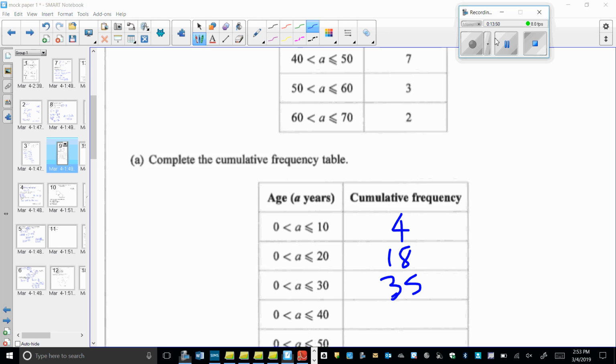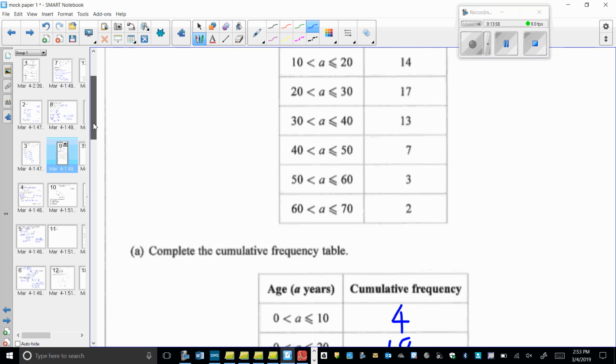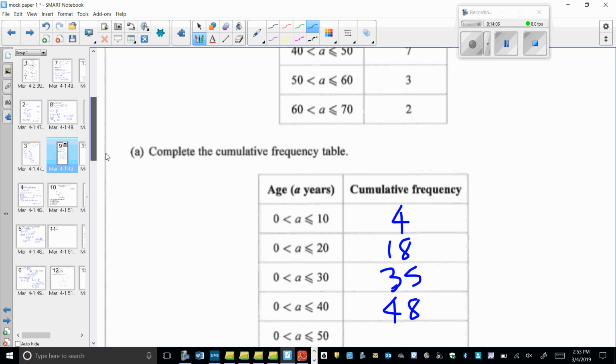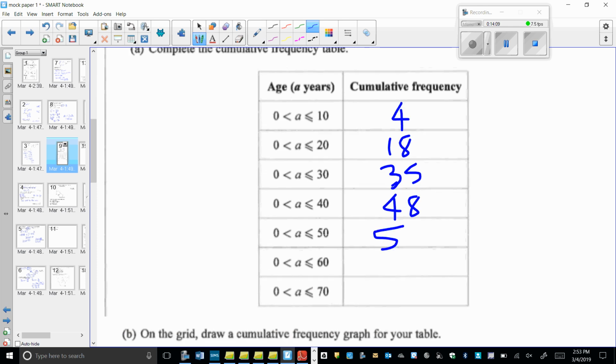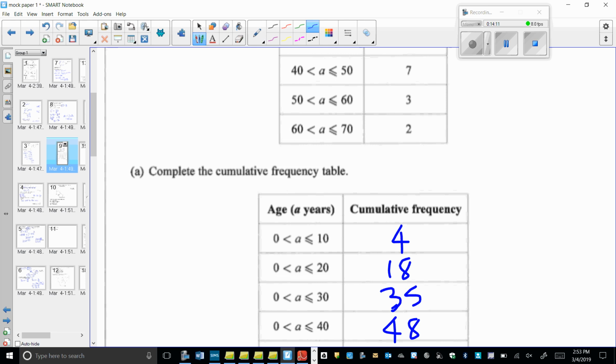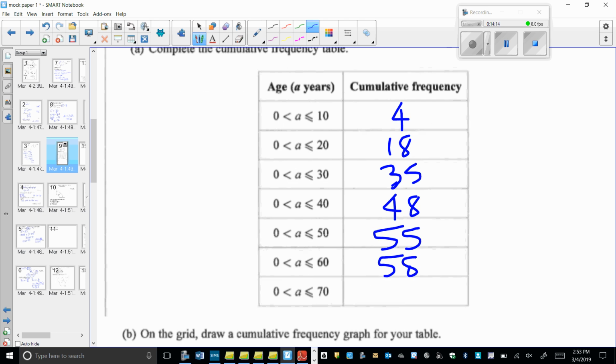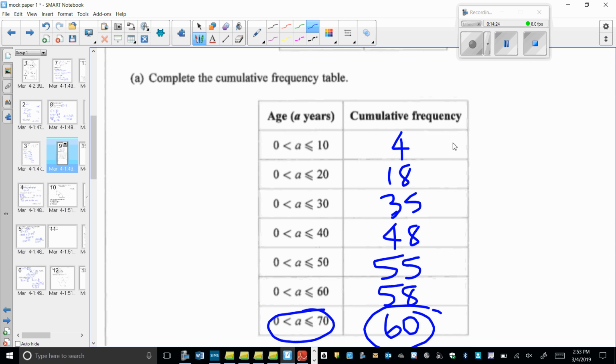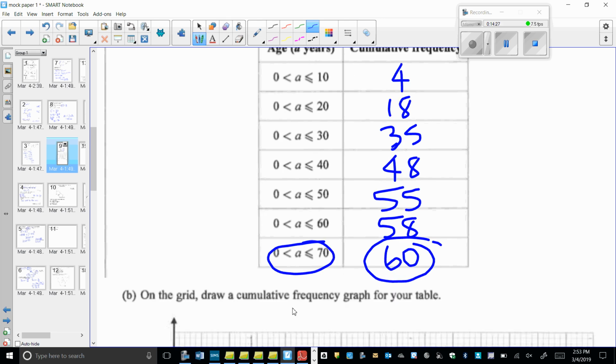Then we're going to add 13, so it's 48. 48 plus 7, 55 plus 3, and 60. Now this final number should always be your total frequency. So we had 60 people on the train, so that number should always be 60. If it's not, you've done something wrong.